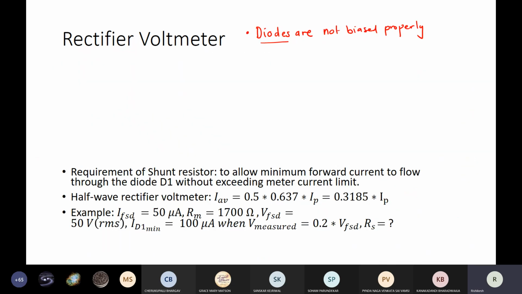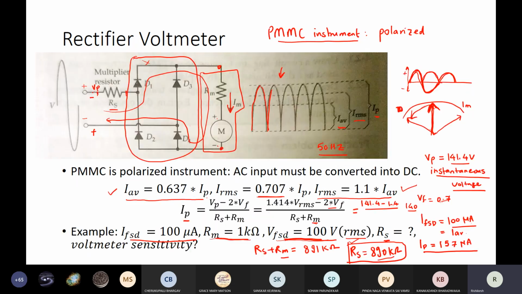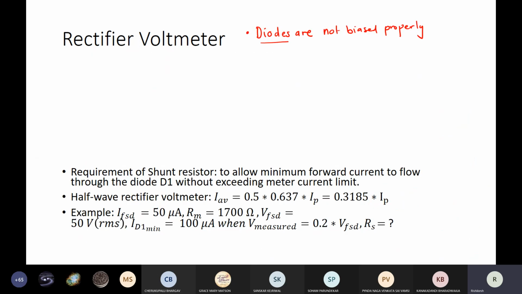Remember that current will flow through the meter also, but the meter may not withstand that much current. So the option, similar to what we did in the case of emitters, is to provide an alternative path for the current to flow, bypassing the meter.